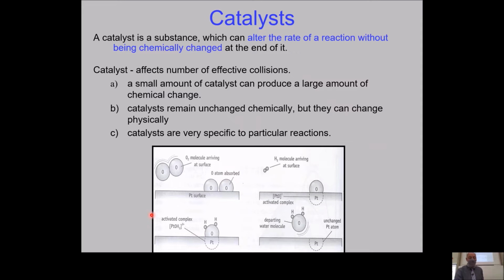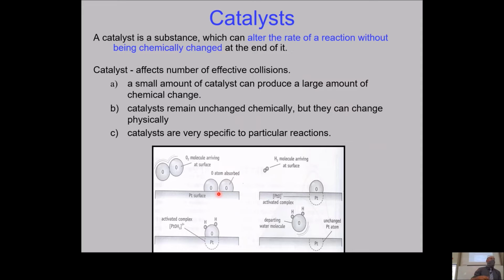So you get a surface to which the gases will stick. And it's platinum. Platinum works very well for this, for all sorts of reasons. So if you have a platinum surface, gases will often stick to the surface. They won't be absorbed into it, they'll be adsorbed onto the surface.